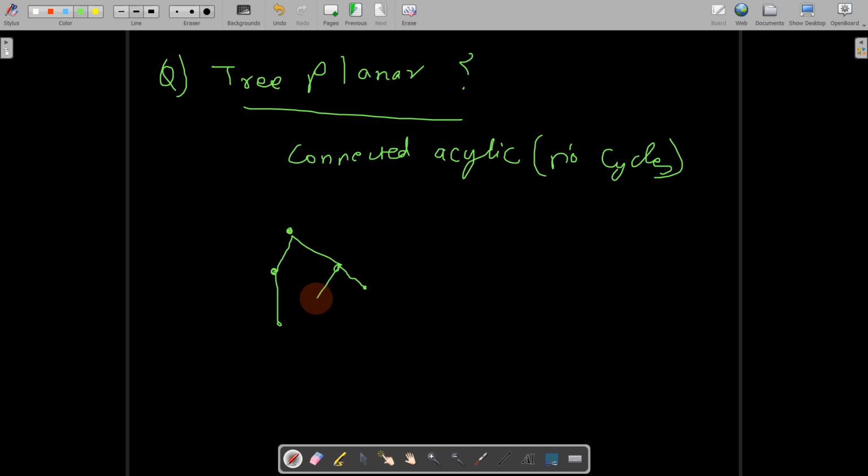So this is the example of a tree. 1, 2, 3, 4, 5, 6 on 6 vertices. So are the edges crossing each other? No, there is no cycle and no edge will cross each other. So yes, a tree is a planar graph. Tree is planar. That means we can draw it on a sheet of paper with no edges crossing each other.